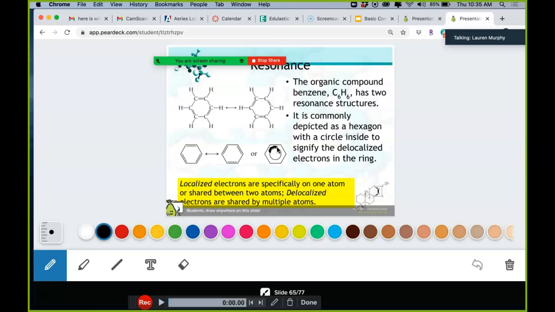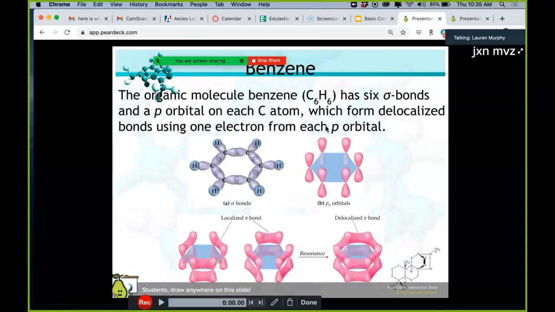They say, okay, all these electrons are being shared throughout the entire molecule evenly. So they're called delocalized electrons. Delocalized just means they have the ability to move around freely within the molecule between different atoms.